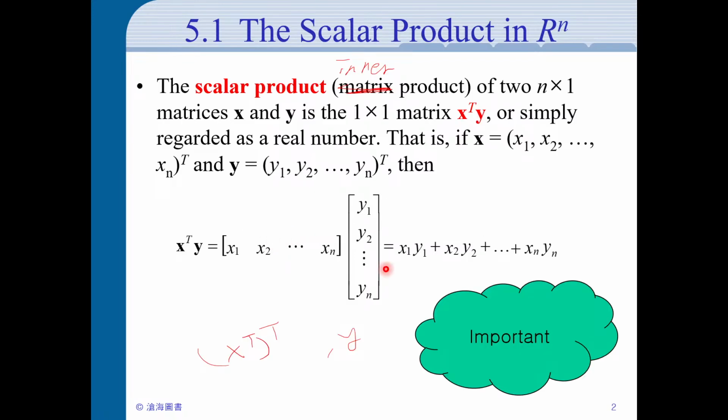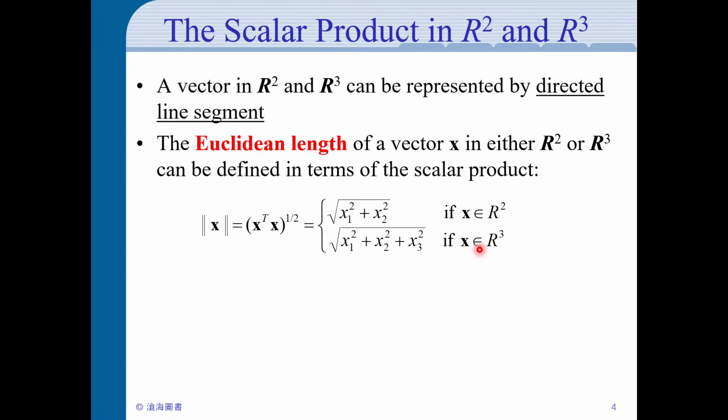Because the inner product is x1 y1 plus x2 y2 all the way to xn yn, and if y1, y2 to yn equal x1, x2 to xn, then it is just x1 squared plus x2 squared to xn squared. So in R2 this is the inner product of your vector x with itself, and the same in R3.